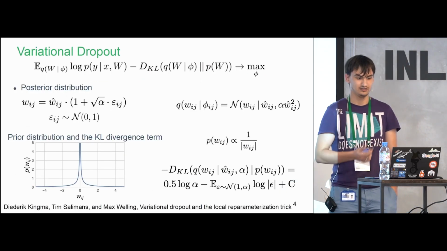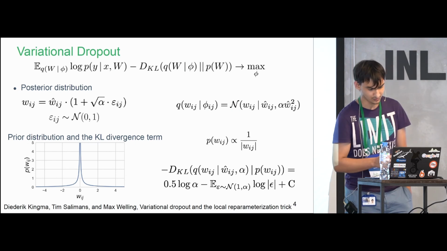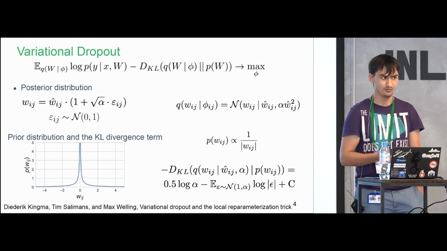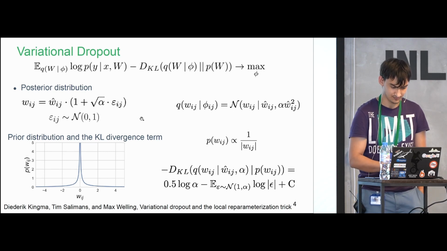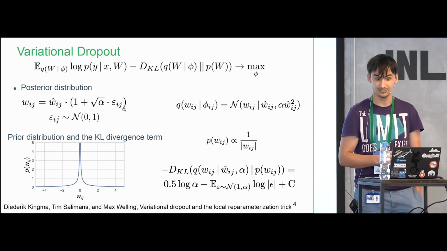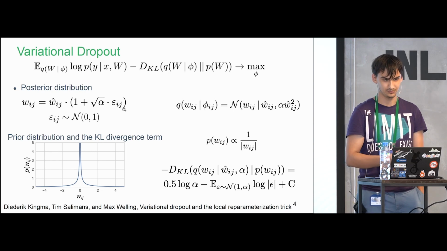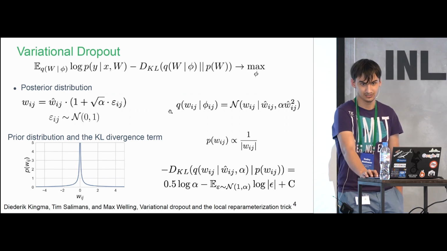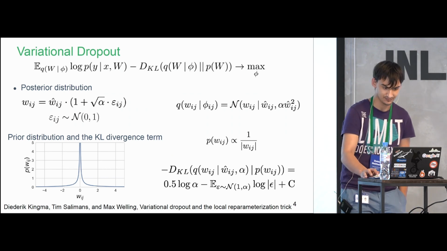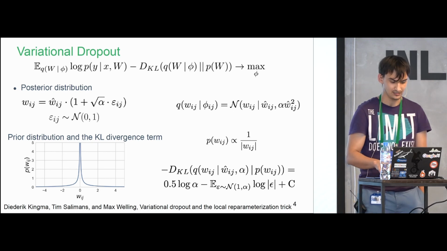So let me remind you of the variational dropout model. We have the common evidence lower bound. We have this posterior approximation, which is basically Gaussian dropout with just one alpha per layer, and we have the same prior distribution as before, which is the log-uniform prior.